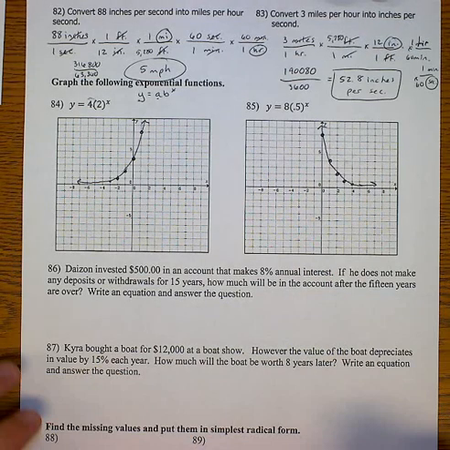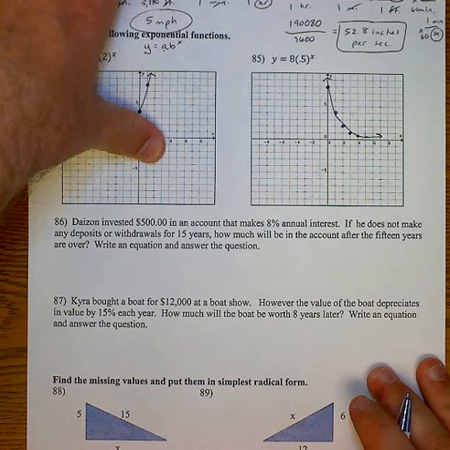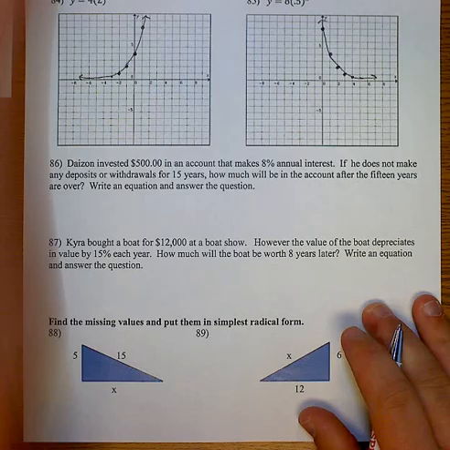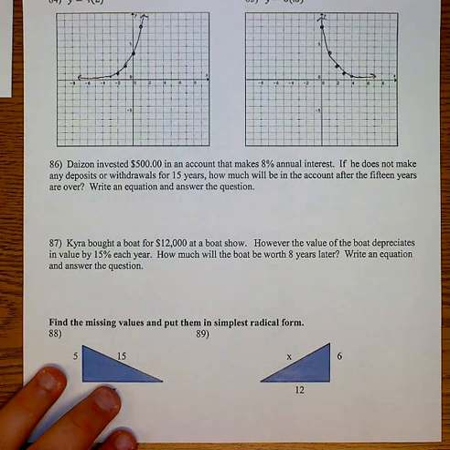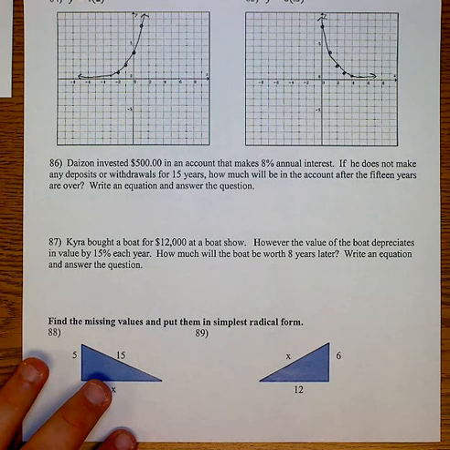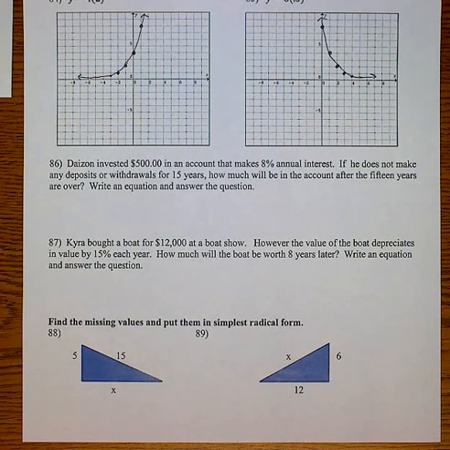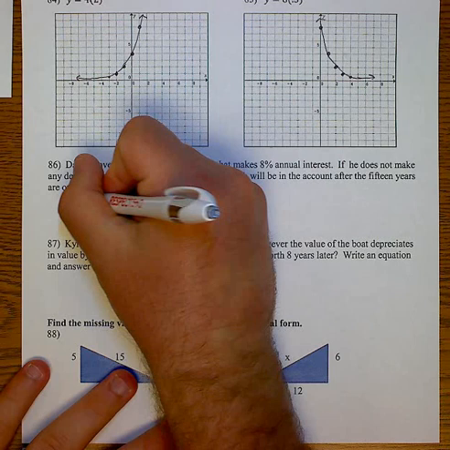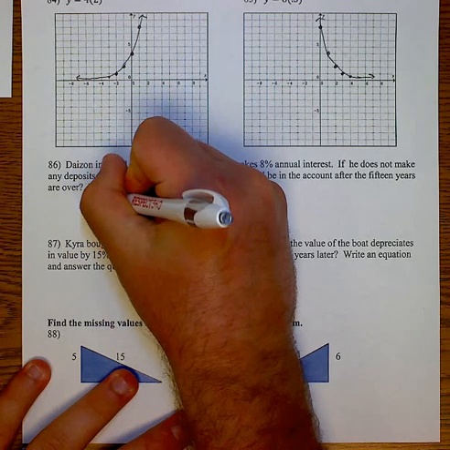86 and 87 is the same concept, just with words. So if you invest $500 in an account that makes 8% annual interest, and you don't make any deposits or withdrawals for 15 years, your bank account is going to go up. Okay, so the original value, remember, y equals ab to the x. The original value is 500.